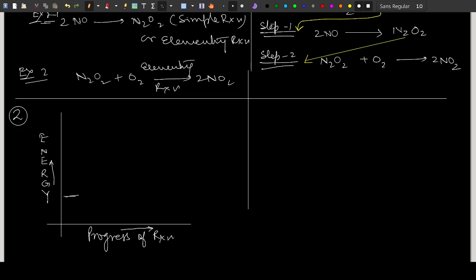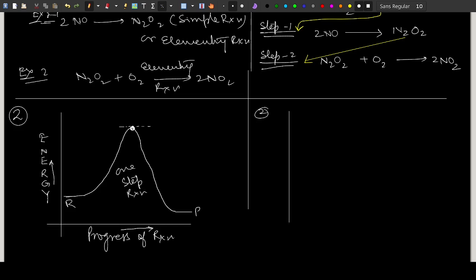Here is the reactant, and here is the peak value of the energy, and here suppose we have the product. So this is the graph. Here in this peak, this is a one step reaction.